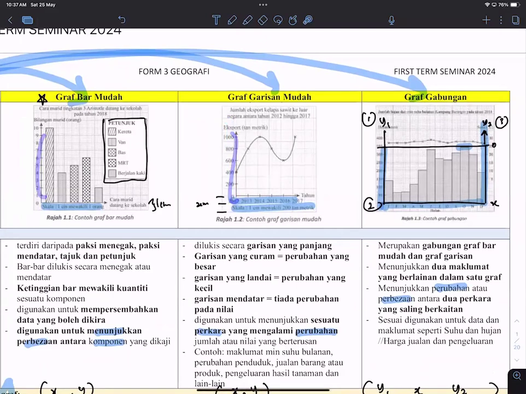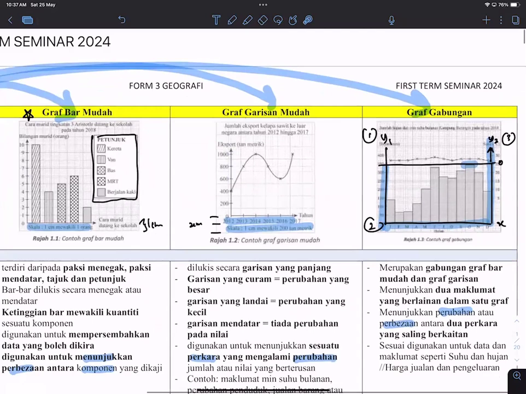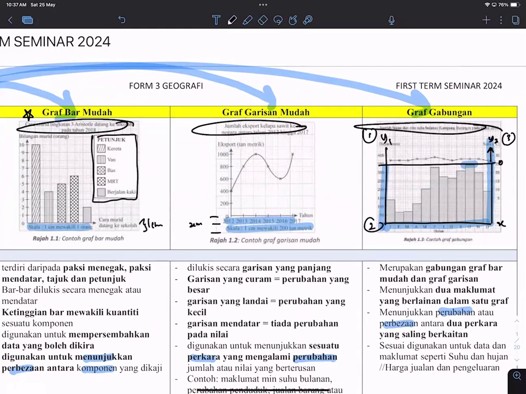Okay, and then remember, guys, when we are preparing all the tajuk, what is the format when we are preparing the tajuk? First letter has to be upper casing, which means big letter. So for the first word, exclude kata hubung.